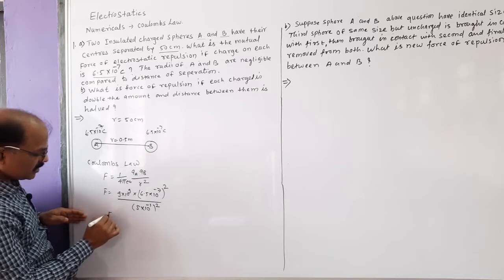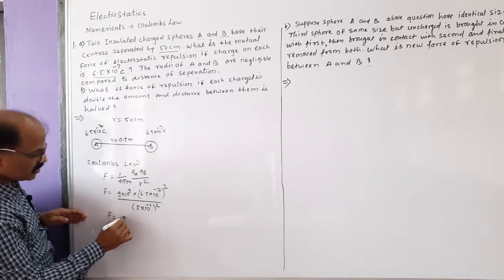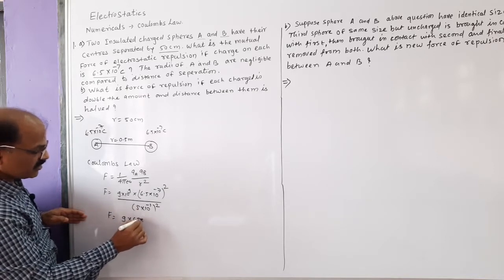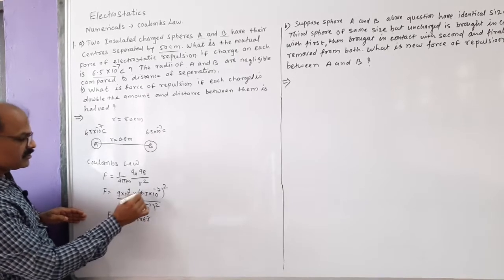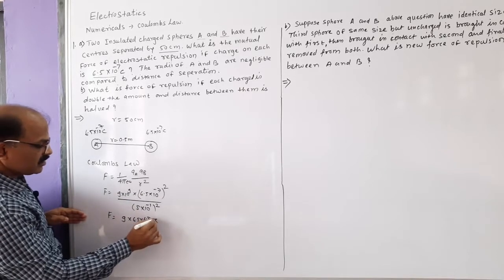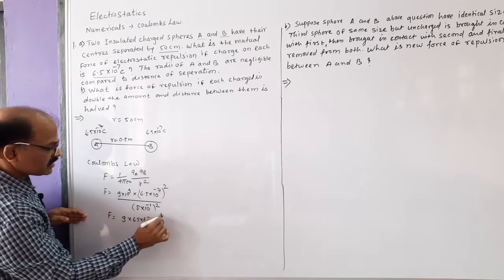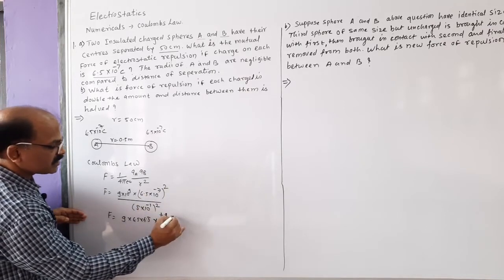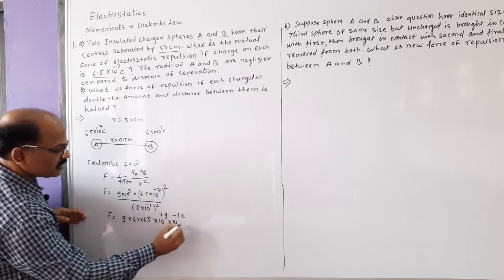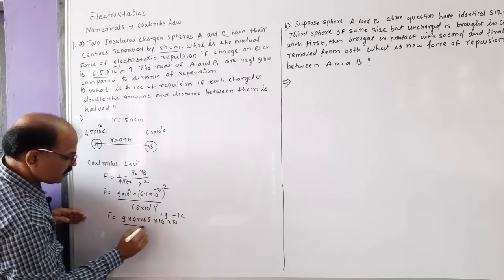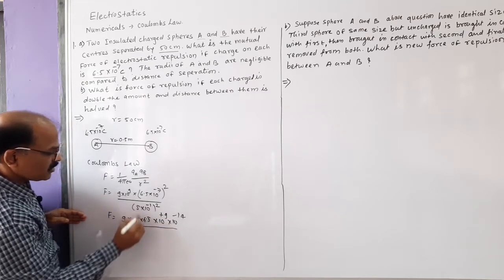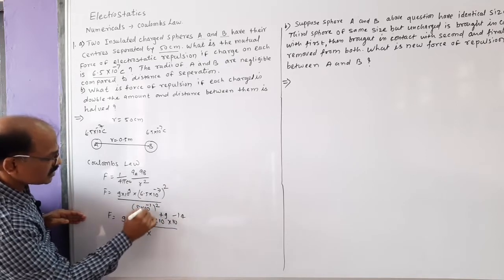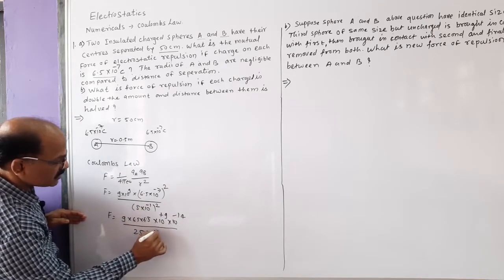So when we calculate it, F is equal to 9 into 6.5 into 6.5, this 2 times, into 10 raised to plus 9 into 10 raised to square of the 10 raised to minus 7 is 10 raised to minus 14, divided by 5 square, square of the 5 is 25, and square of this 10 raised to minus 1 is minus 2.